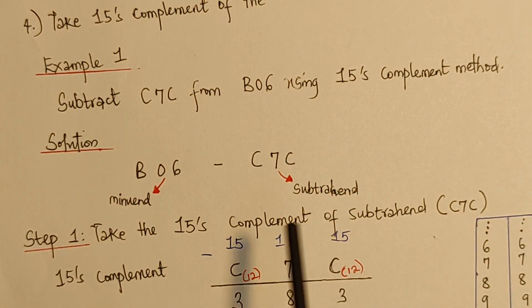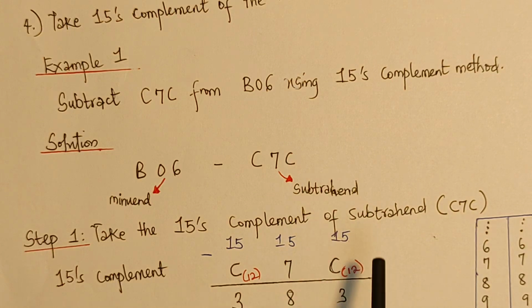So we have 15, 15, 15 minus C, 7, and C. That's to say 15 will subtract C, and likewise for the others.